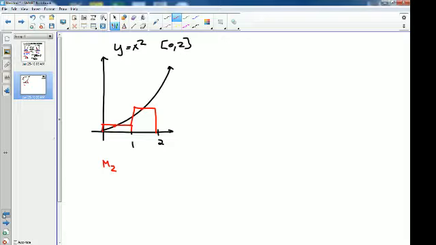Closest estimate. Neither. It depends on the slope. How do you know that? Yeah, because it's more under than over. How do you know that? Because if you look at the rectangle, there's more rectangle below the line than above the line.